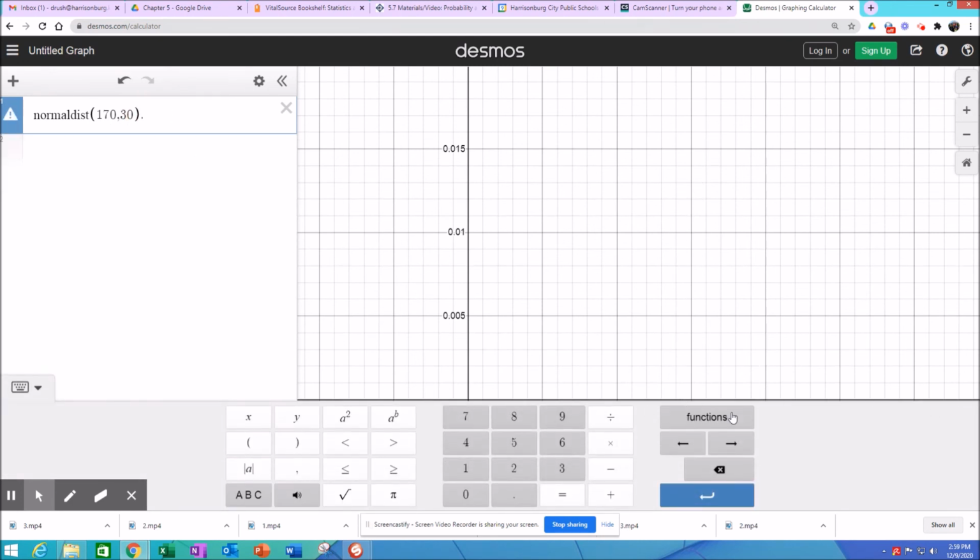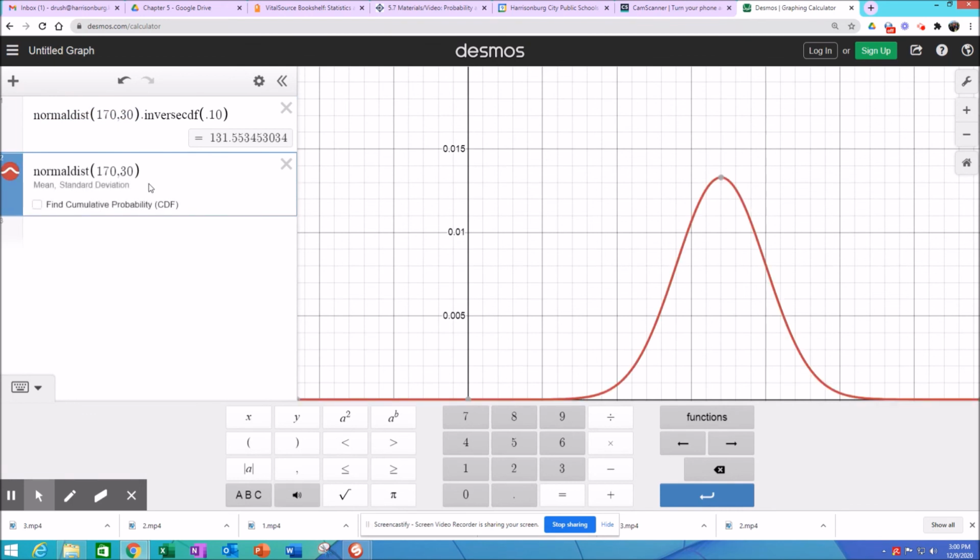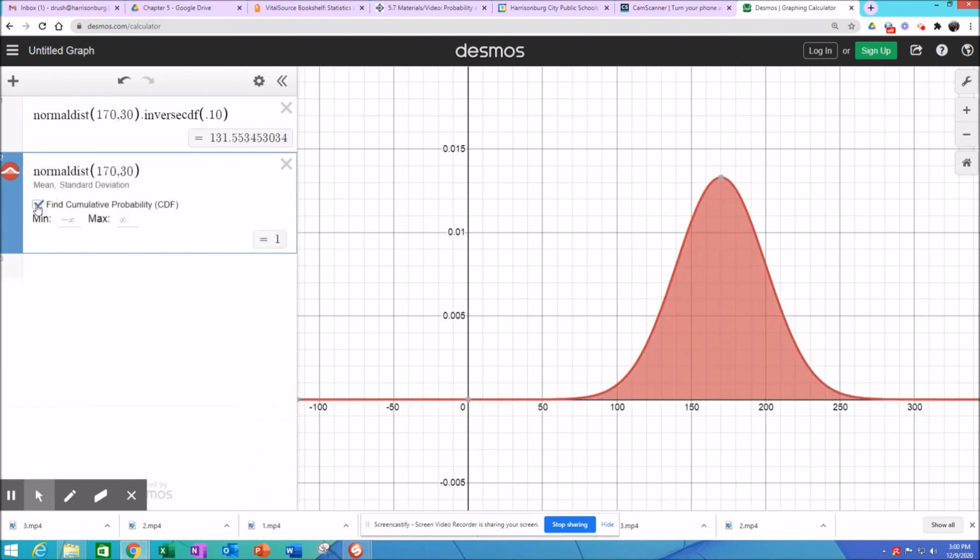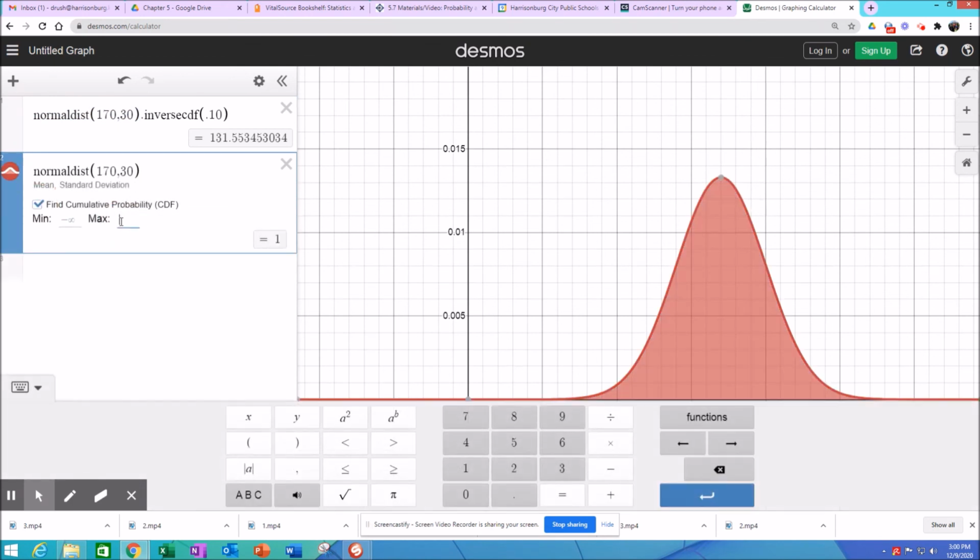Okay, double check ourselves here. Finding the cumulative from negative infinity to 131.55 gives us 10%. We're really, really close. 10% right there would be at that area. So the lower 10th percentile would be a cholesterol level of 131.55.